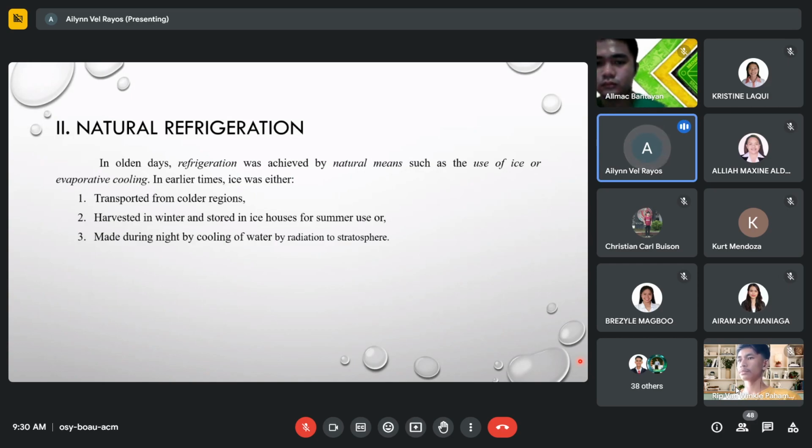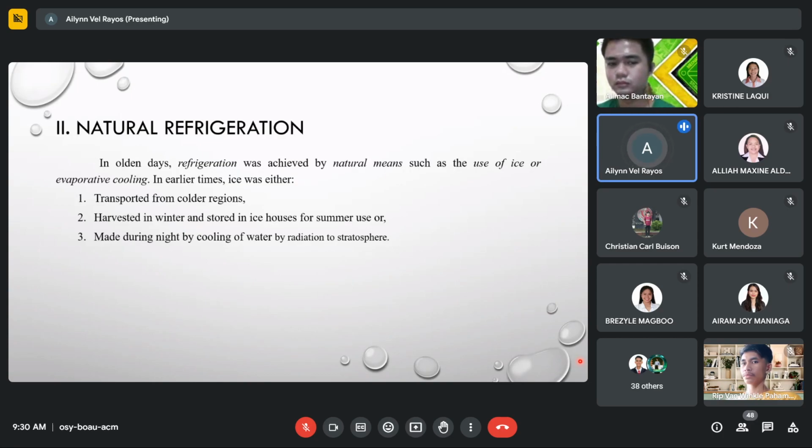So parang gumagamit tayo ng mga natural refrigeration to get the main function of having refrigeration effect o yung sa pagpapalamig. So, again, in olden days, refrigeration was achieved by natural means such as the use of ice or evaporated air.